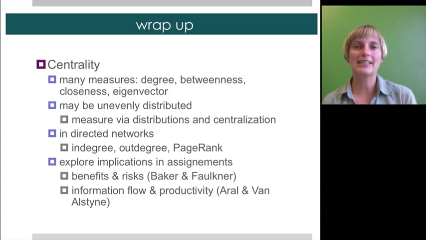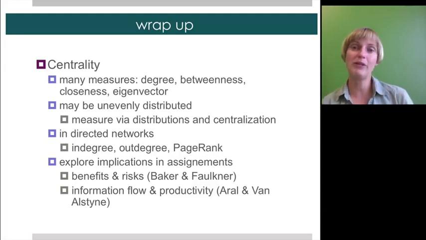It's in fact your positioning in the network, the diversity of your contacts, having less constraint, that correlates both with your performance, that is how much money you bring into the company, and interestingly, with the information that reaches you, whether you find out new information more quickly than your colleagues do. So I hope that those two papers, which will be part of your assignment, will be interesting.